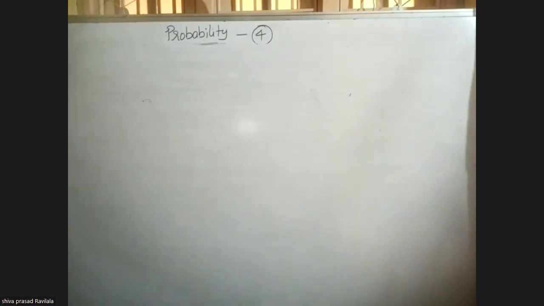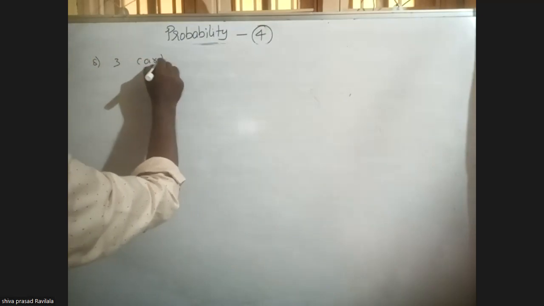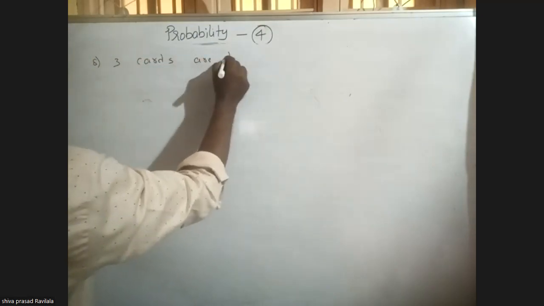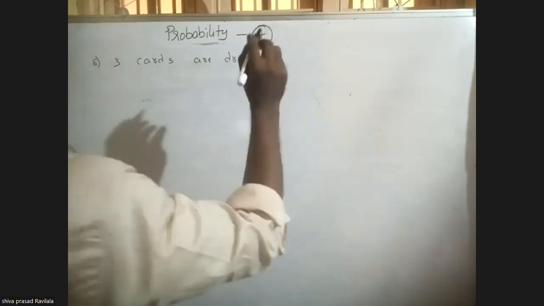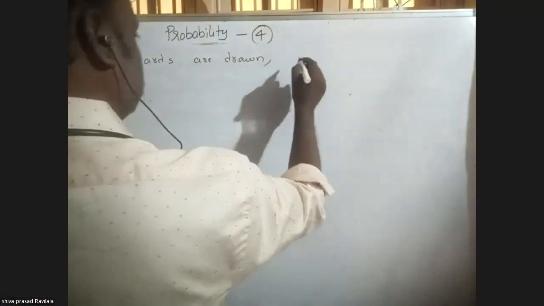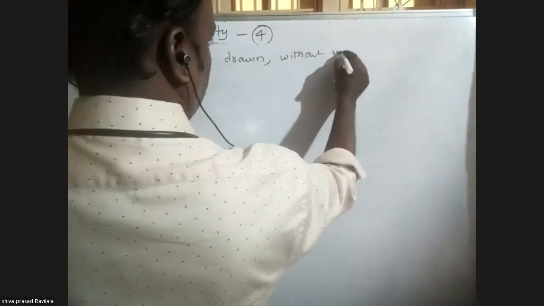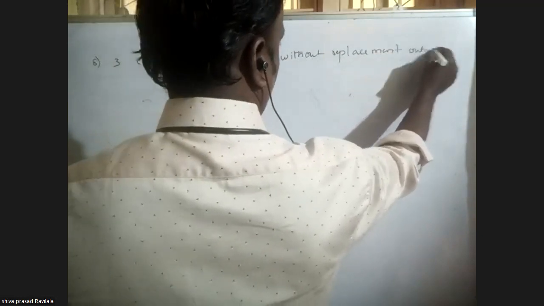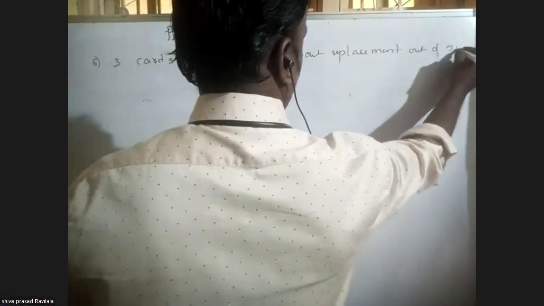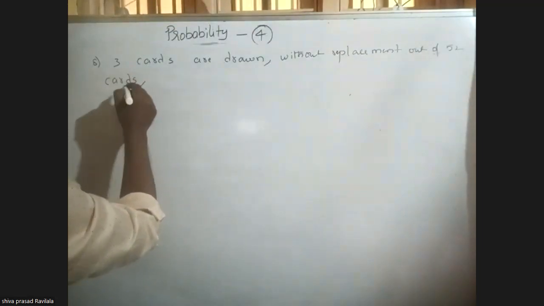Next one. 3 cards are drawn successively, without replacement, out of 52 cards.